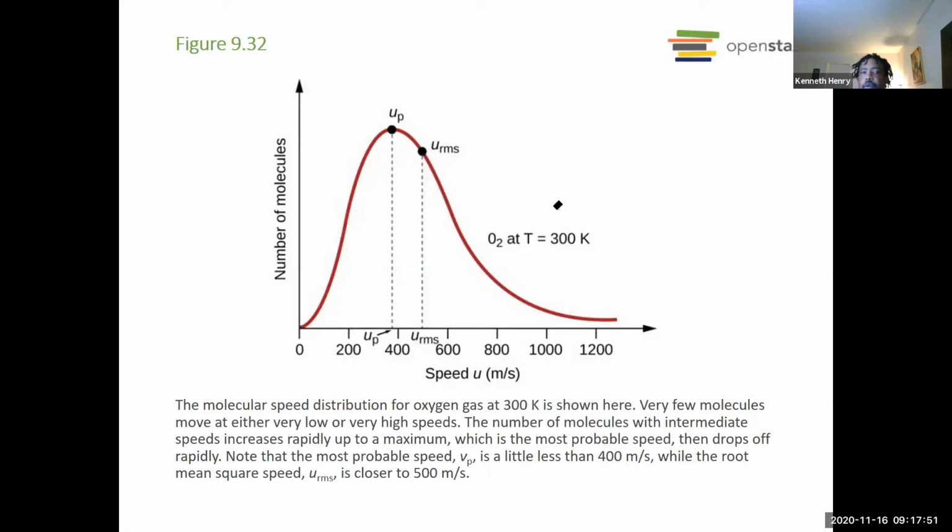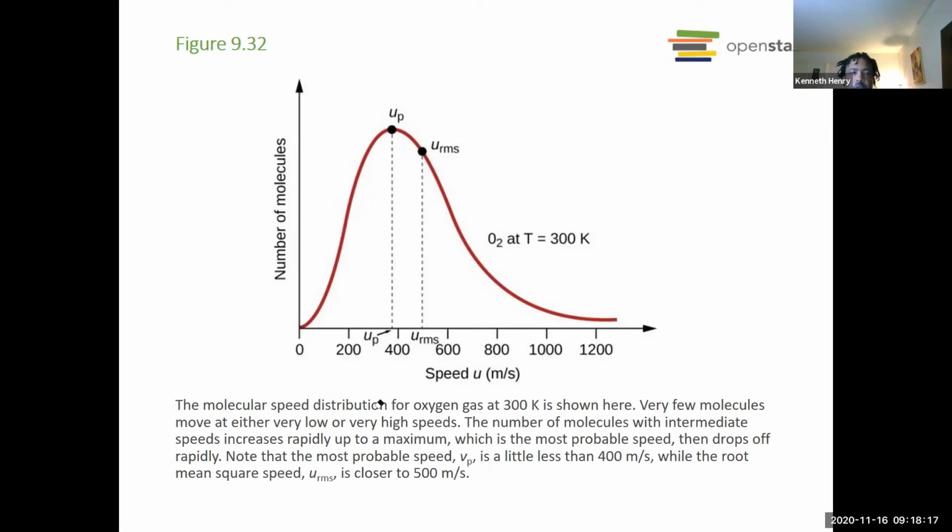Here we're looking at the u, which represents the speed. This u rms is called the root mean square speed. The u p is the most probable speed.